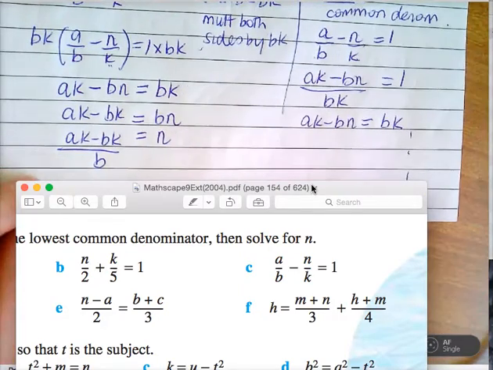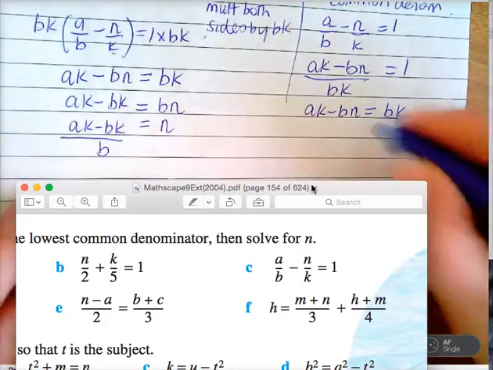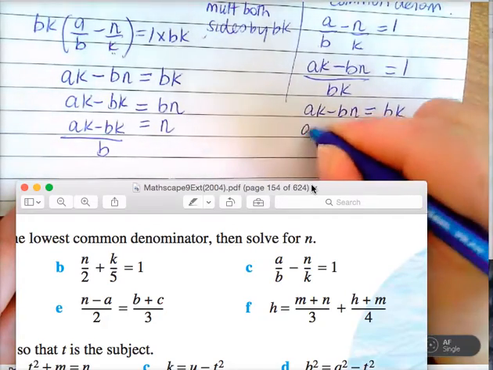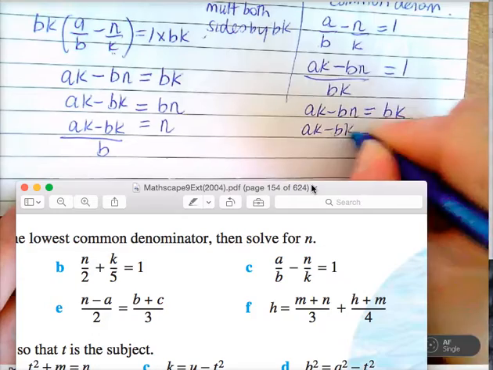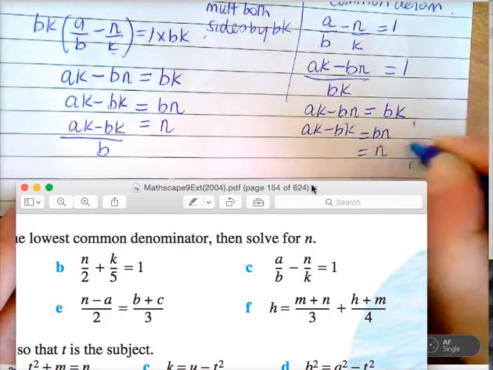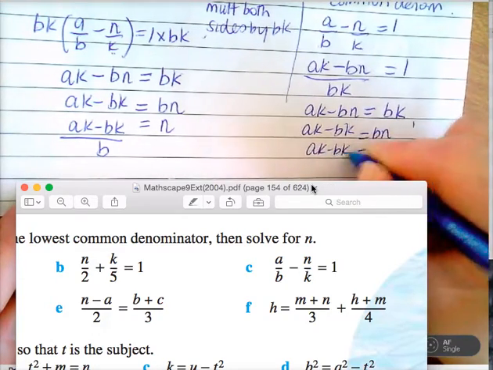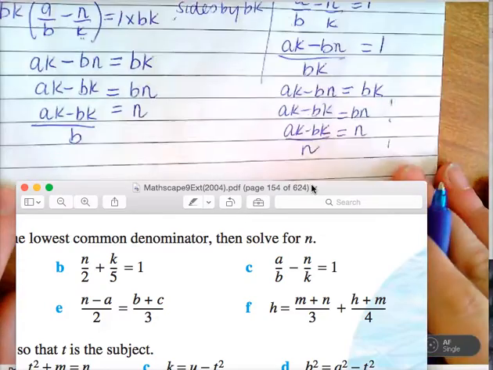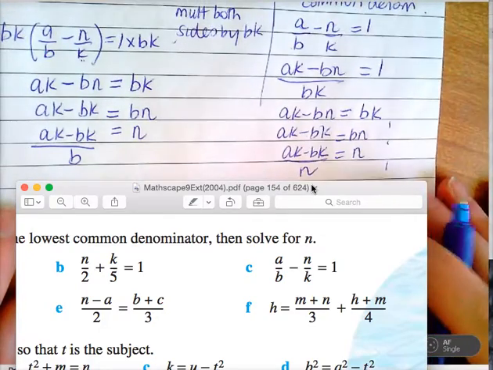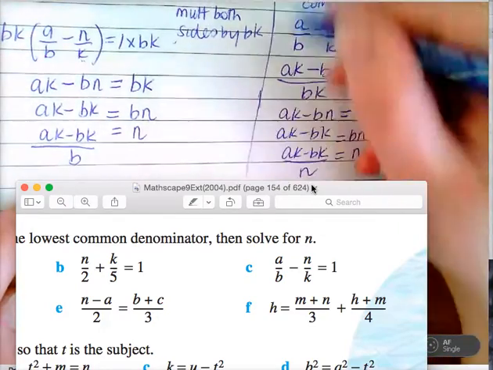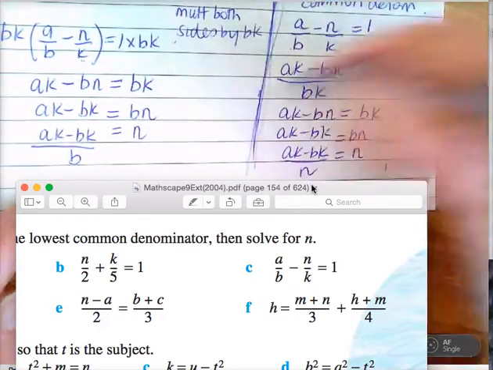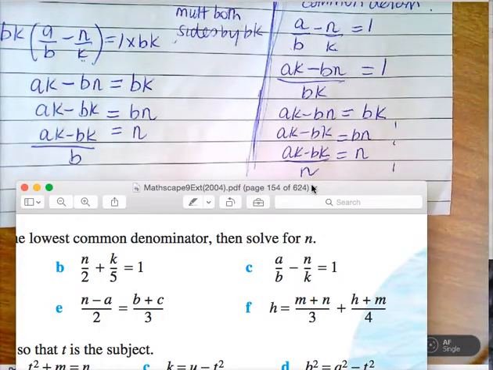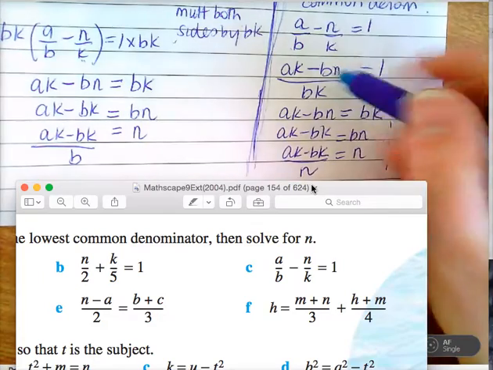Then just do it the same as that one. So we've got two different methods there. If you're not ready to multiply both sides, stick with the common denominator method.